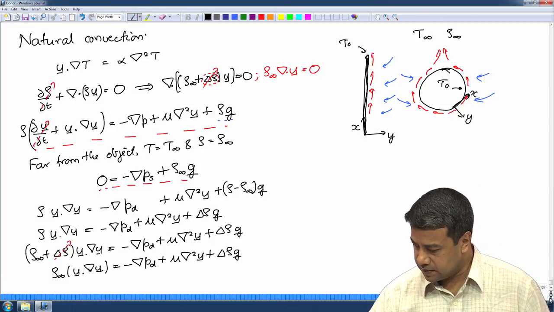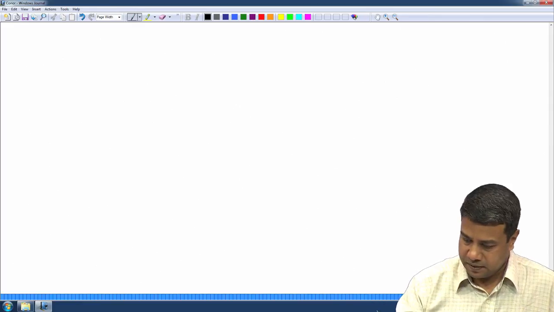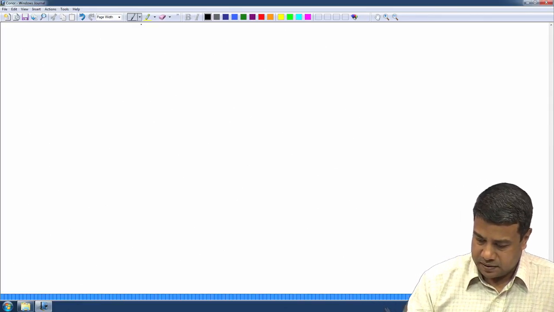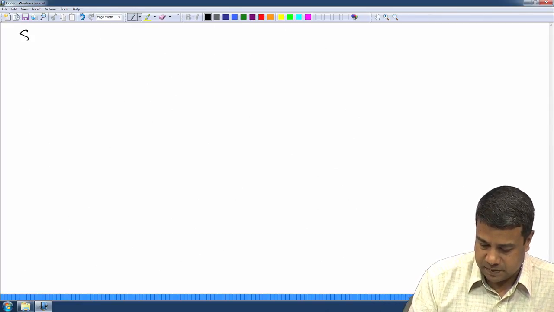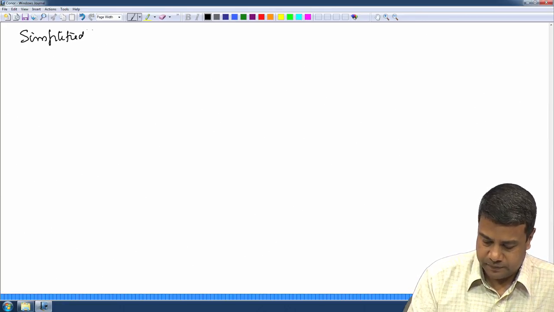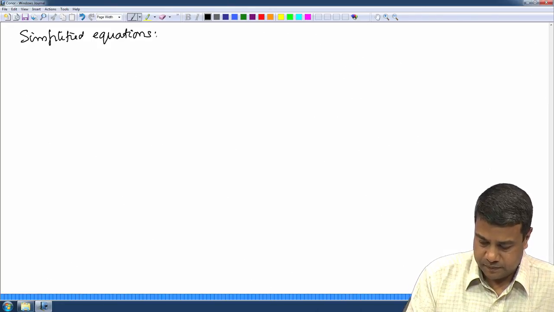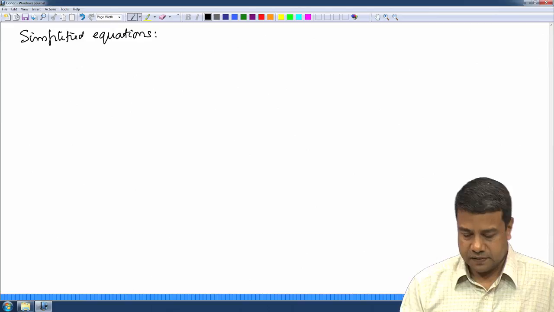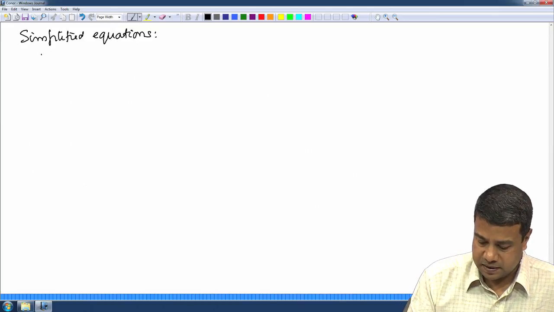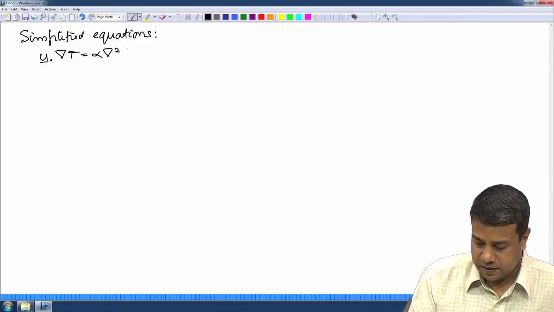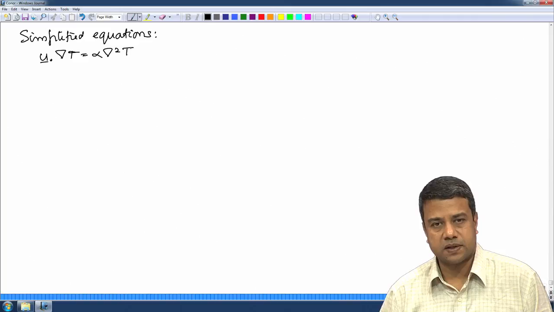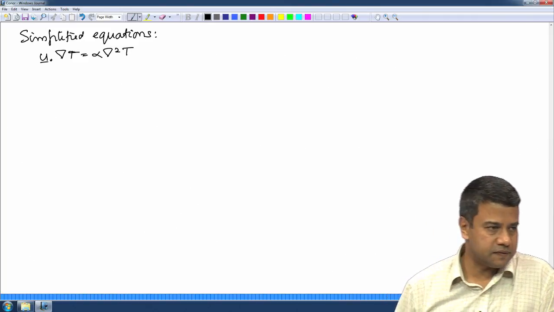So, let us look at the assumptions we made here. I will call these the simplified equations. The temperature equation is just u dot grad T is equal to alpha del square T. That is the convection diffusion equation at steady state for the temperature field.